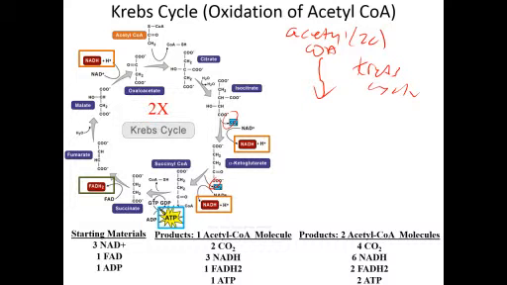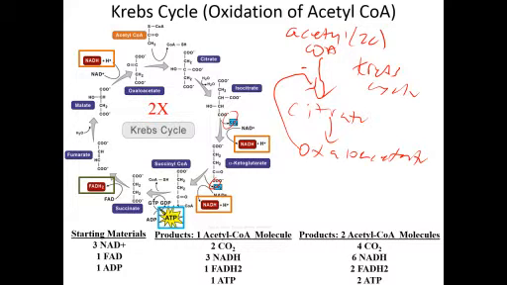In the process of going from citrate back into oxaloacetate, you actually remove 2 CO2 molecules. 2 CO2 molecules means you have 2 carbon atoms.